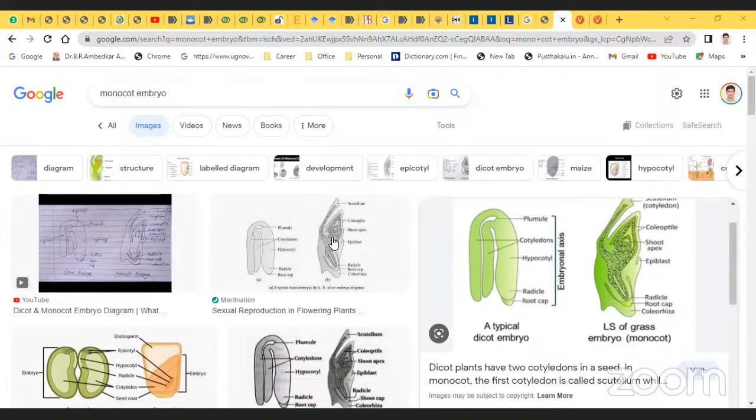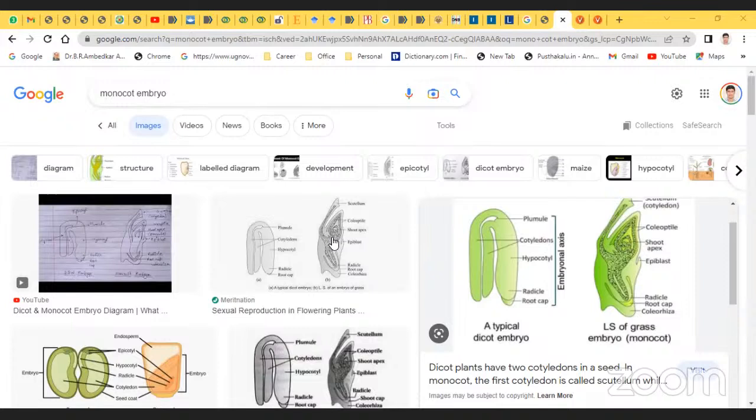How much percentage is nuclear endosperm? Nuclear is 56% of the families of angiosperms. Next is the cellular, which is 25% of families of angiosperms. Next, helobial, 19%, that too in monocotyledons. These are very important regarding nuclear, cellular and helobial endosperms.